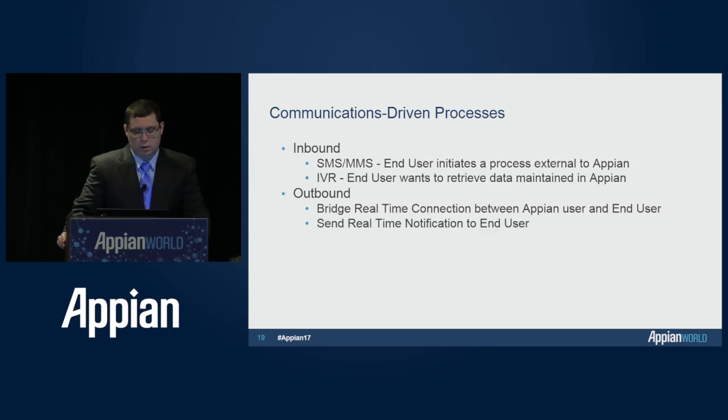For outbound, we're going to do a dialing application that's integrated into a sales form, so you can immediately connect from the Appian user to the end customer. And then we're going to show some examples of real-time notifications through text messaging, much like we do with email or Tempo posts today. So that's what we're up against.